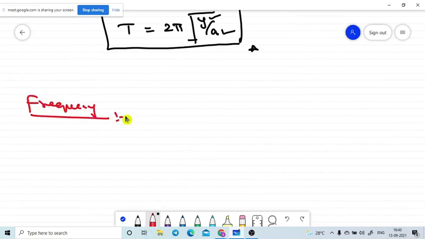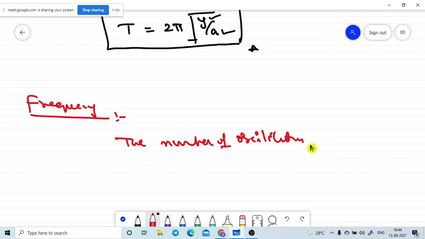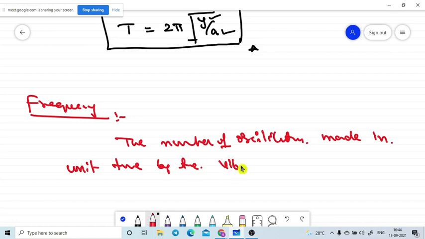It is the number of oscillations made in unit time by the vibrating particle. So that is the frequency.